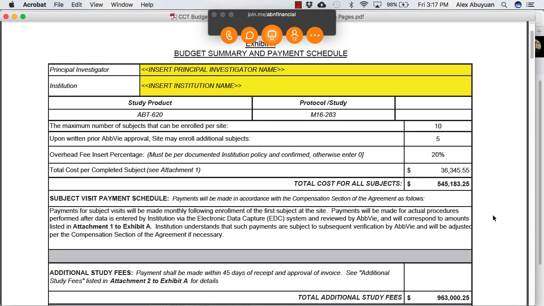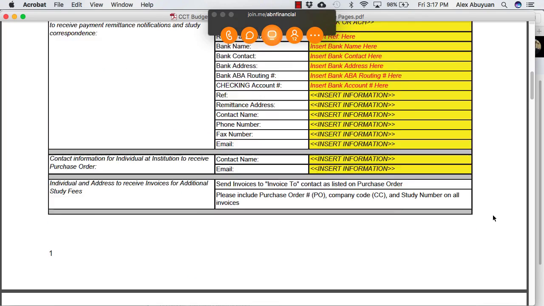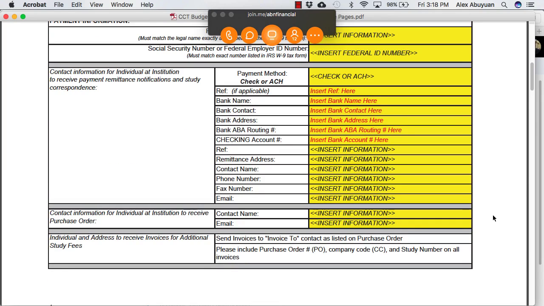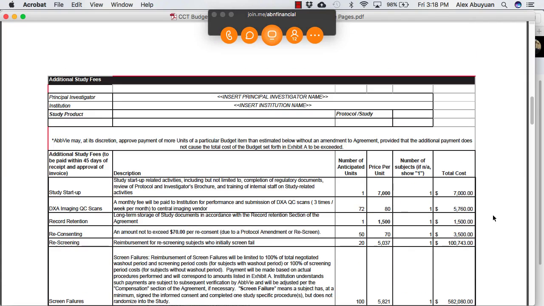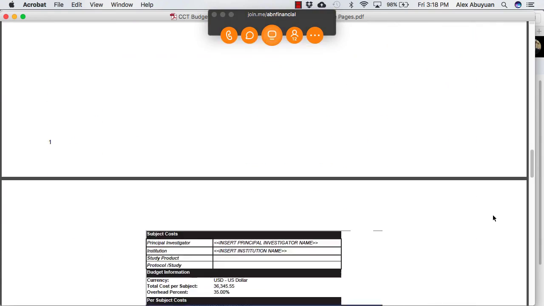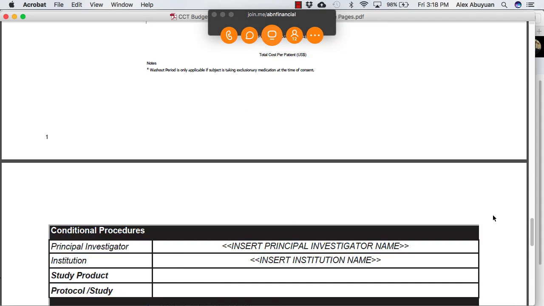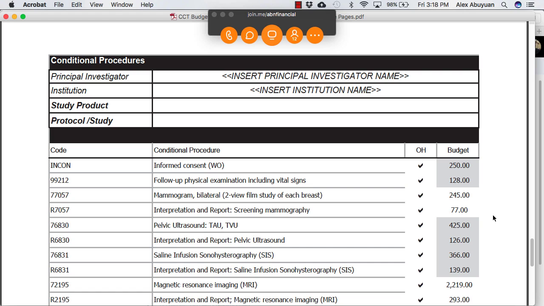And then they have what's called conditional procedures, and that's to the right on your sheet. On the left, you have the individual line breakdown of what everything is reimbursed at, and then you have the conditional procedures. So the first line is informed consent, follow-up physical exam, including vital signs, it's 128, a mammogram, pelvic ultrasound.